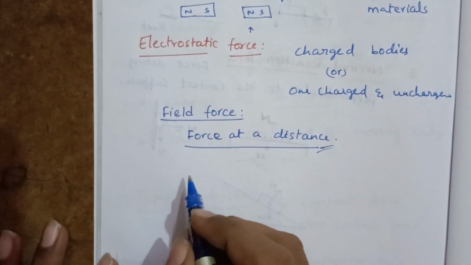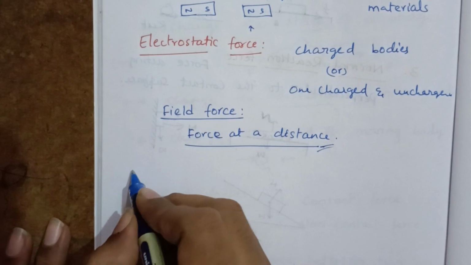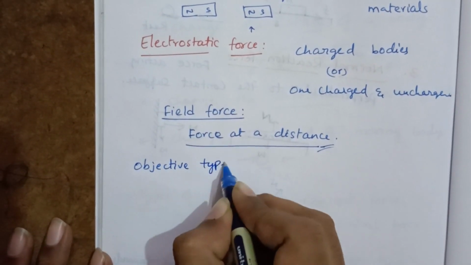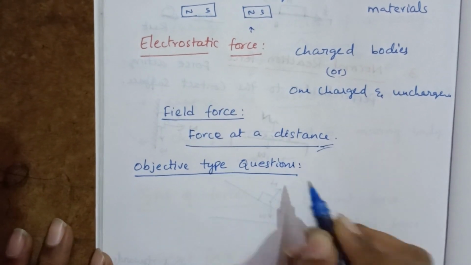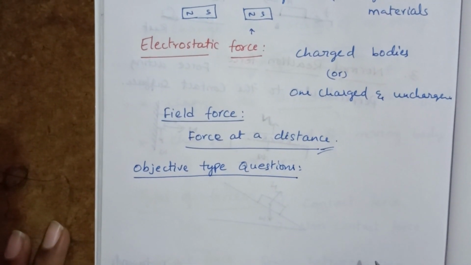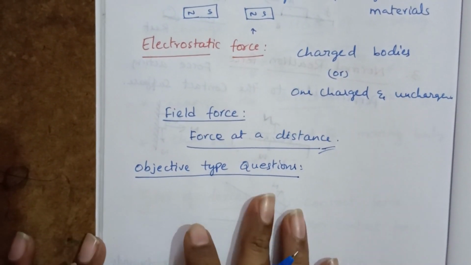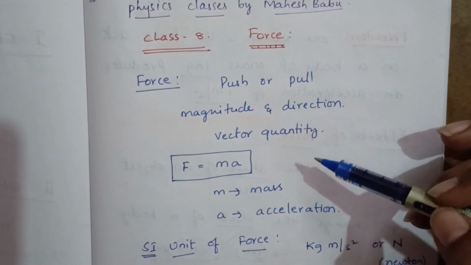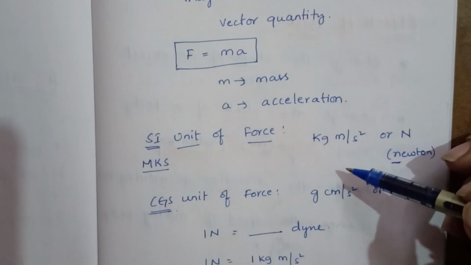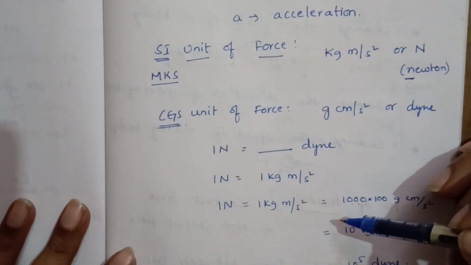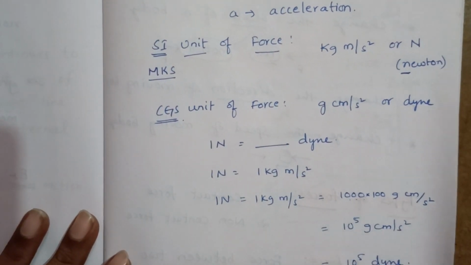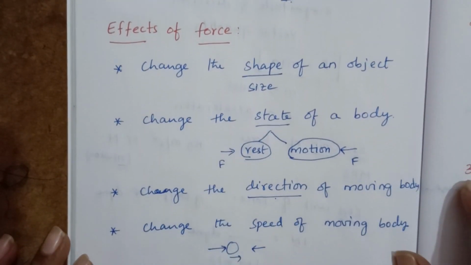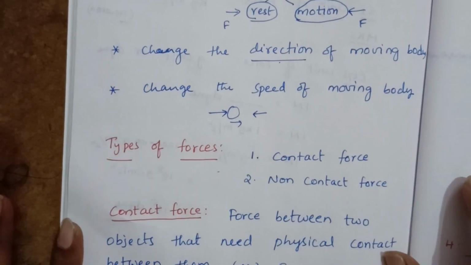Now we'll discuss some objective type questions related to the topics we discussed. We have discussed force and the formula for force, units of force, and the relation between SI and CGS units of force. We discussed the definition of force, effects of force, and types of forces.